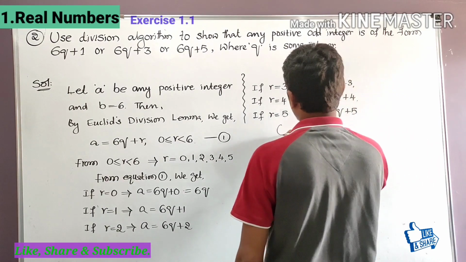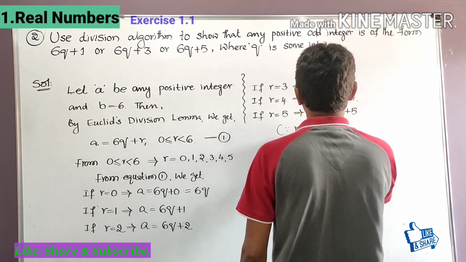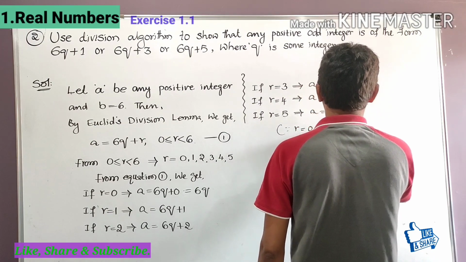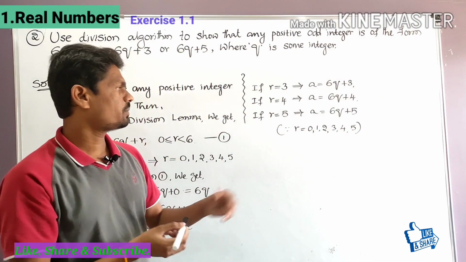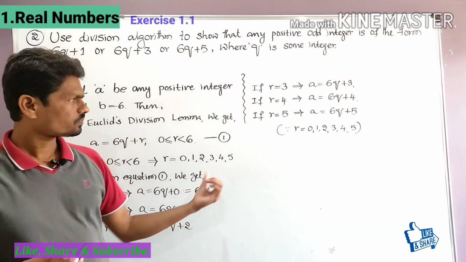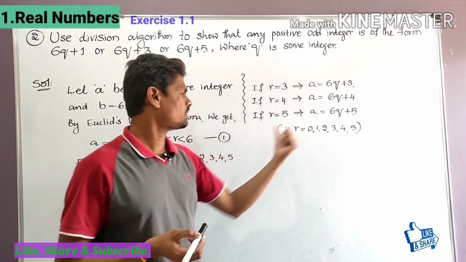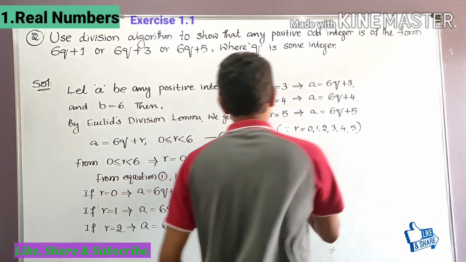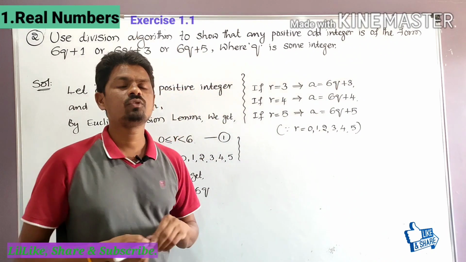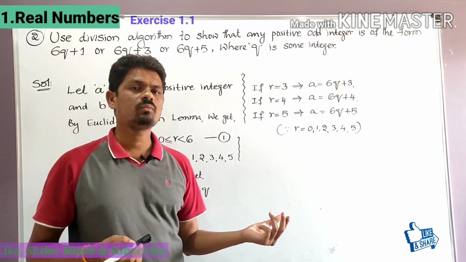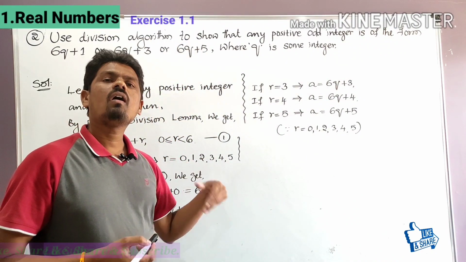Since the possible values for r are 0, 1, 2, 3, 4 and 5, these are the possible remainder values, student. So these are the possibilities of a values. If you take any positive integer, it may be either even or odd.